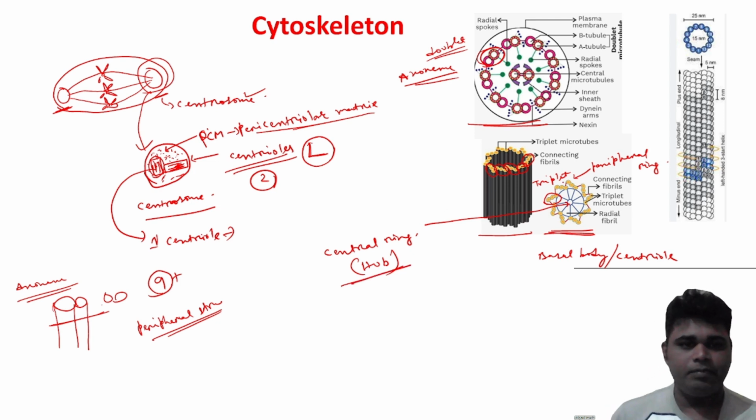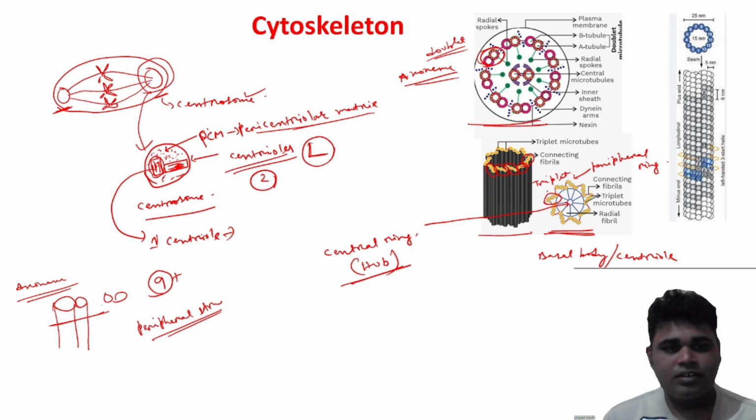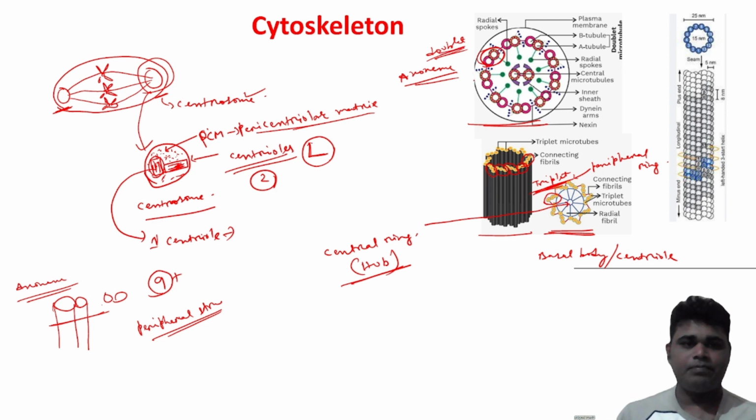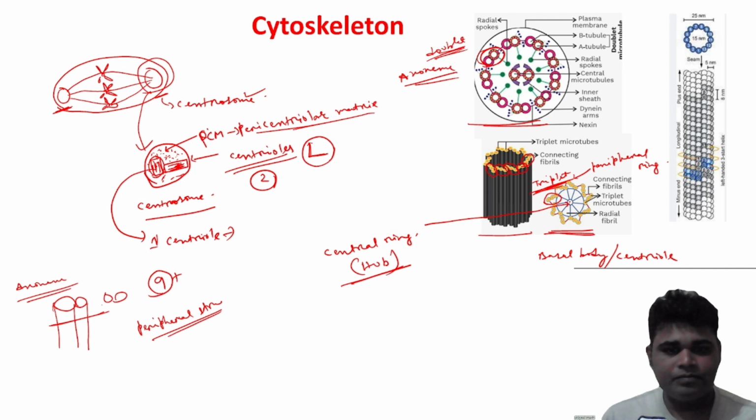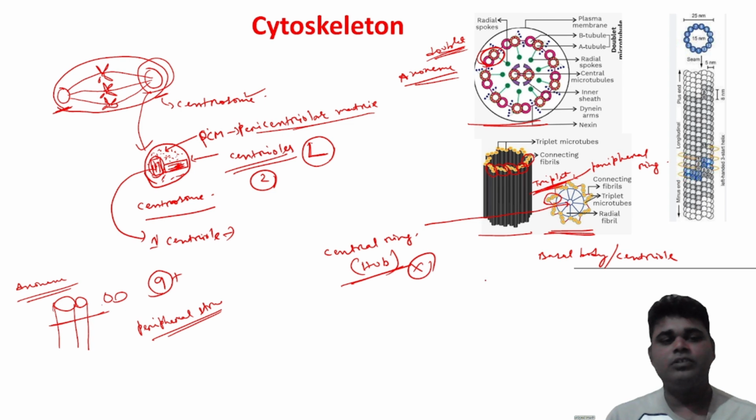In the peripheral ring structure of the basal body, triplet microtubules are formed, while in the axoneme structure, doublet microtubules are found. Another difference is that inside the central region of the basal body there is no microtubule structure, but in the axoneme two singlet structures are present.